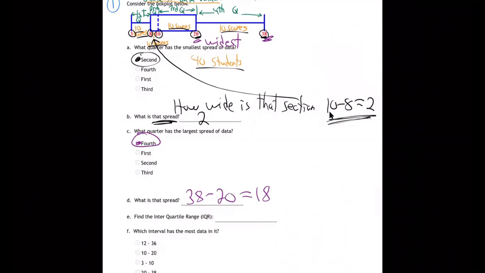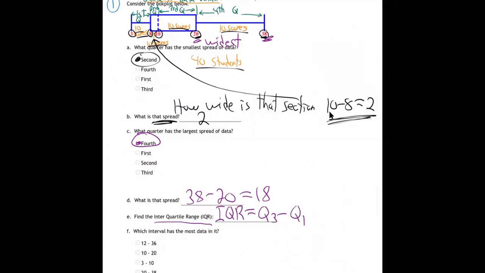Now, question E, find the interquartile range, IQR. What in the world does that mean? Well, I'll give you a little formula here. You can put it in your notes. Remember, you get a full sheet of notes, both sides, front and back for the exam. So this would be a good thing to put on there.